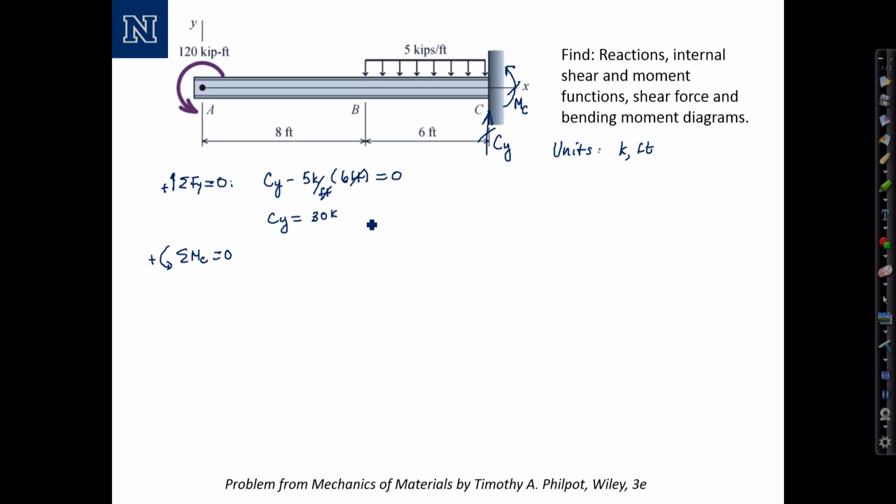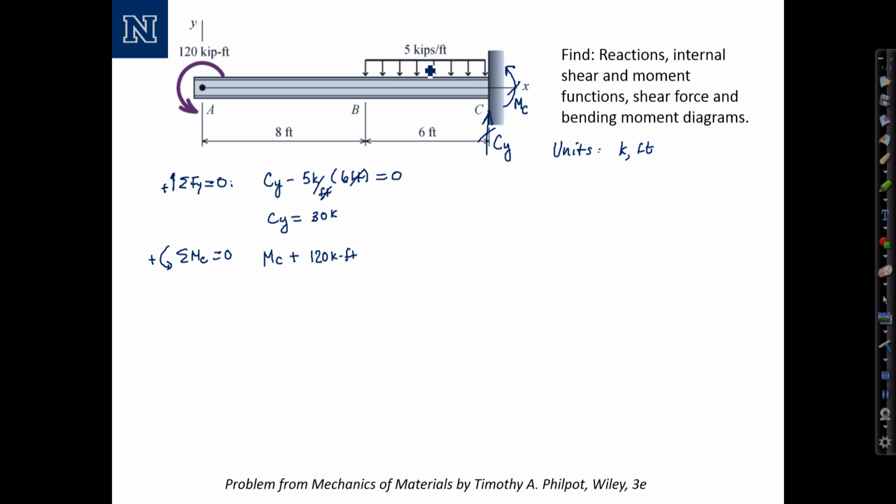We have M sub c, which is in the positive direction. We have the concentrated moment at the left end, and this is just a moment, not multiplied by any distance. As I have it drawn, it's acting in the same direction, the counterclockwise direction, so it's also going to be positive, 120 kip feet.